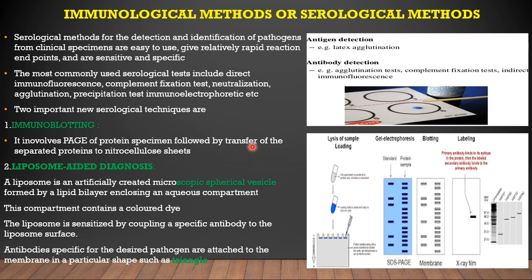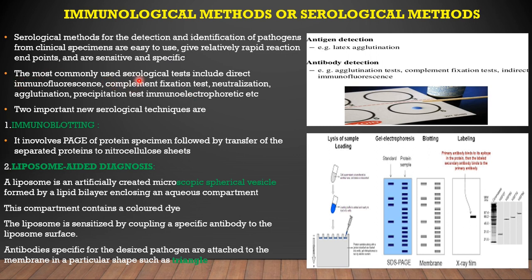Then moving to the immunological methods or serological methods. The serological methods for the detection and identification of pathogens from clinical samples are easy to use, give relatively rapid reaction endpoints, and are sensitive and specific. That's the reason why we use these serological methods more than the normal presumptive tests.